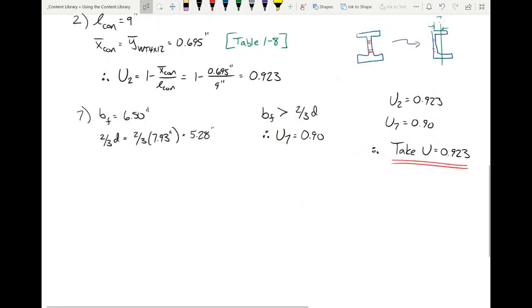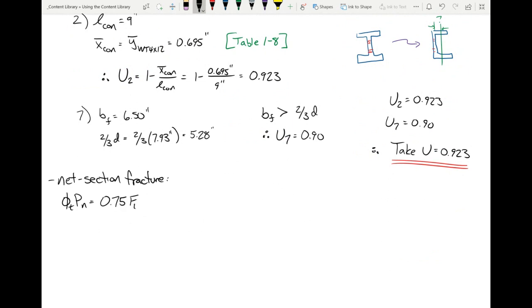All right, so now we can go back. Wait a minute, didn't we have that net section fracture expression? I think it was 0.75 FU times AE, but AE is just the net area times U, right?